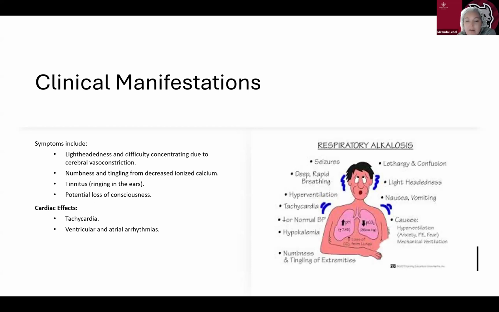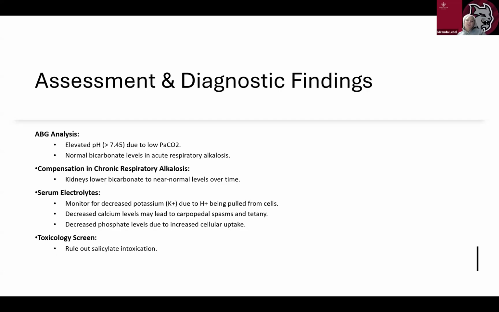I think these really help understand what that patient is going to look like. So an elevated pH greater than 7.45 due to that low PaCO2, normal bicarb levels in acute respiratory alkalosis. For compensation in chronic respiratory alkalosis, those kidneys are going to lower that bicarb to near normal levels over time.